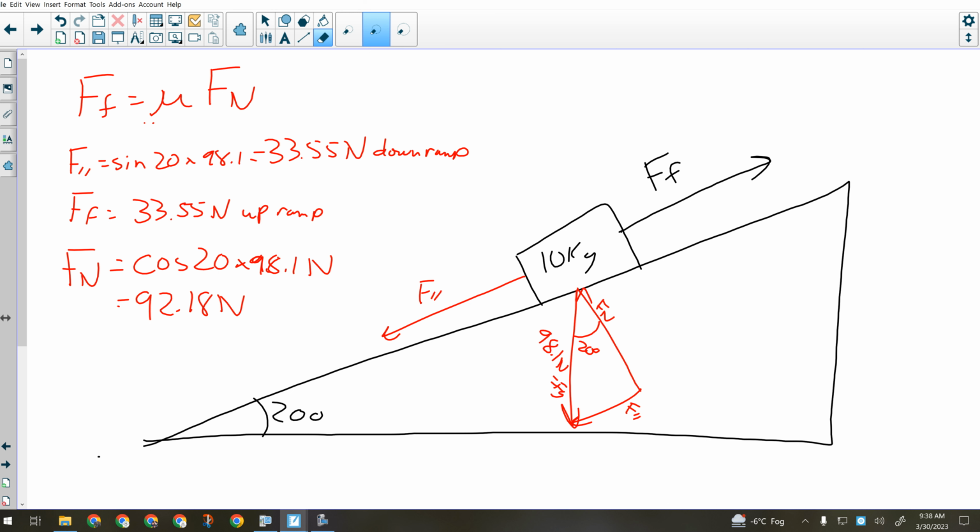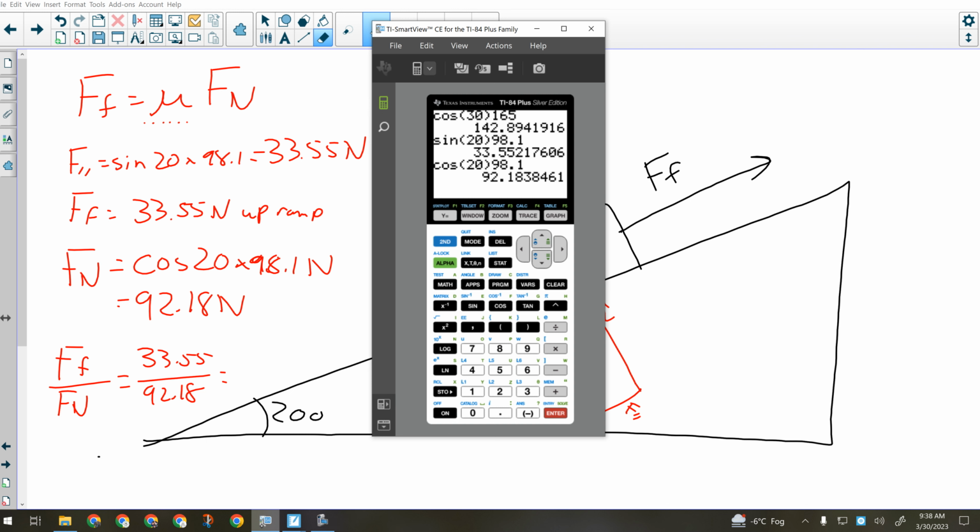If I want to calculate mu, what do I have to do with Fn? I'm going to divide it. I'm going to take my force of friction and divide it by the normal force. So 33.55 divided by 92.18. My coefficient of friction comes out to 0.36. I only have two significant digits.